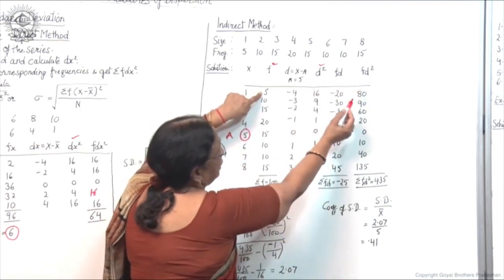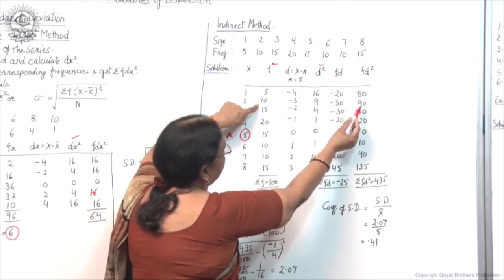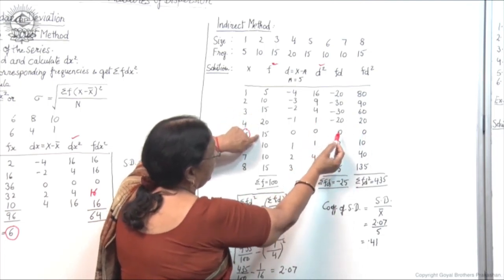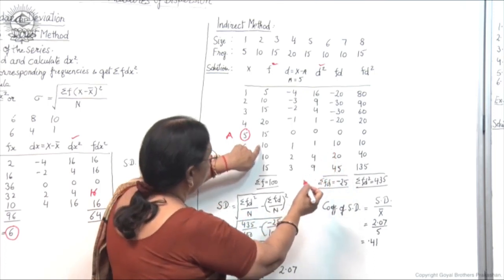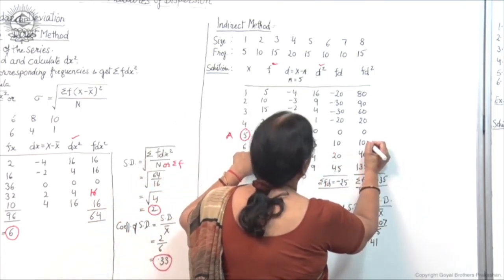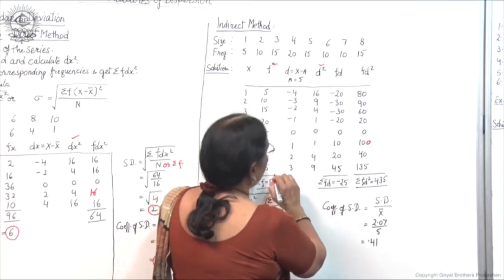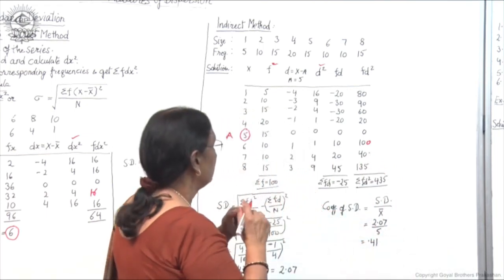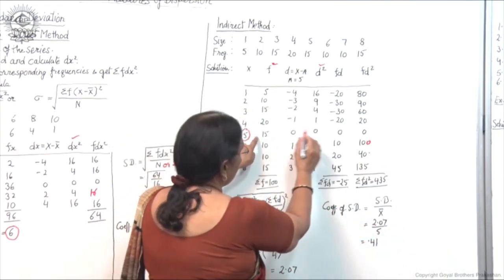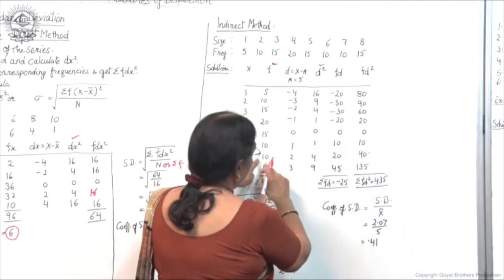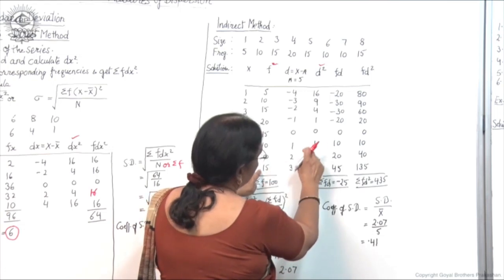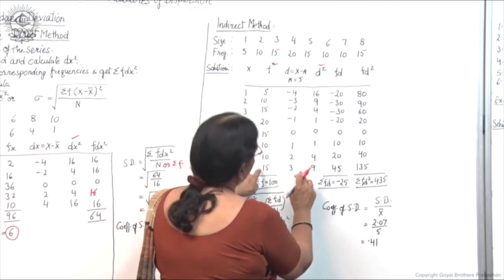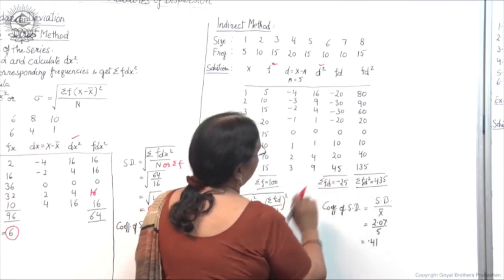5 into 16 is 80, 10 into 9 is 90, 15 into 4 is 60, 20 into 1 is 20, 15 into 0 is 0, sorry, you are multiplying this column, not this one. 10 into 1 is 10, 10 into 4 is 40, 15 into 9 is 135.